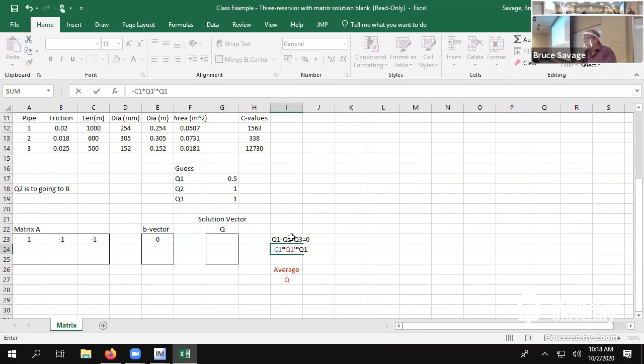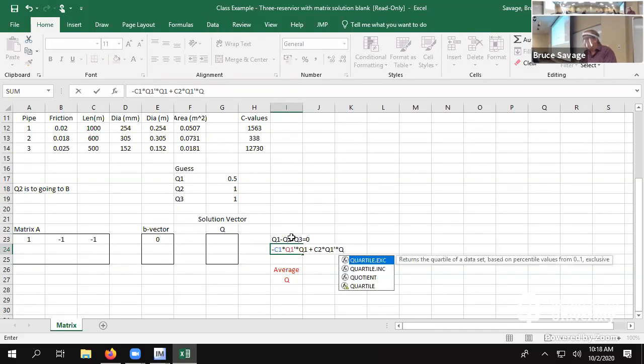And then I know that I'm going 2B, so it's going to be positive because I'm going up the hydraulic grade line. So C sub 2 times Q1 prime, and Q1 prime represents Q old, right?